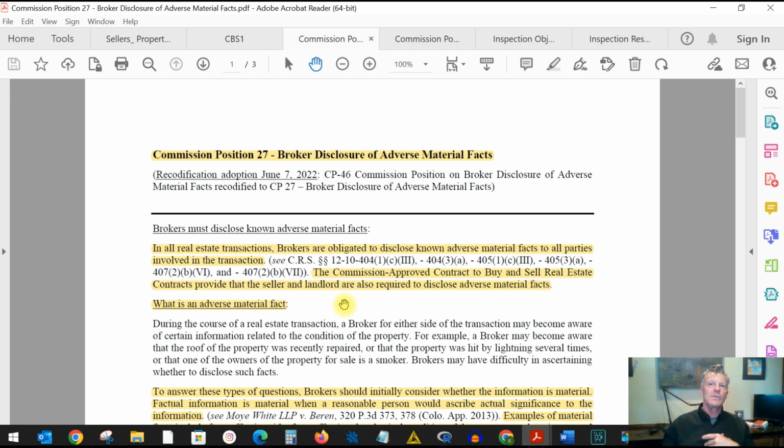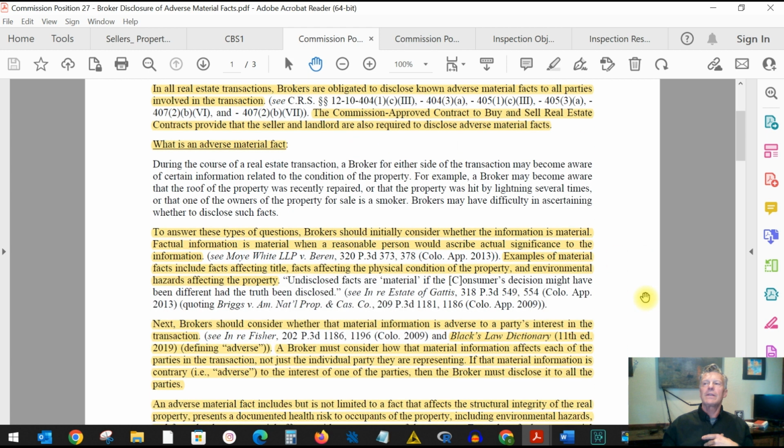What is an adverse material fact? Now we're starting to get somewhere. Let's look and see how the Real Estate Commission defines that on behalf of brokers, or at least guides them. To answer these types of questions, brokers should initially consider whether the information is material.